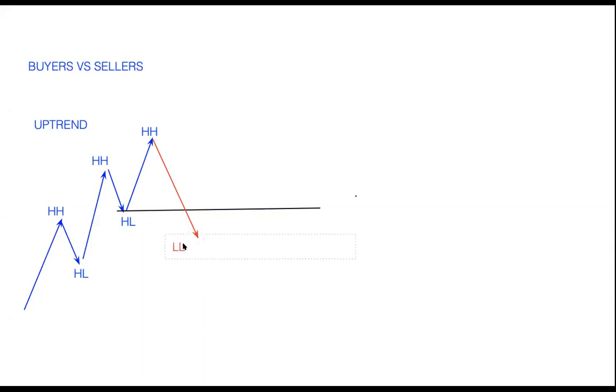Okay, so now we have a lower low. Now what does the market do next? If it comes back up but doesn't pass this high point, we now have what's called a lower high, because it's lower than the previous high.